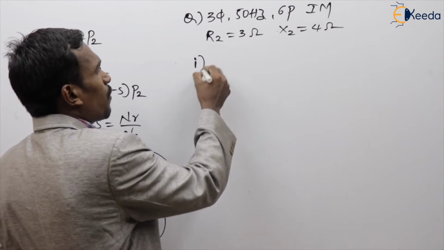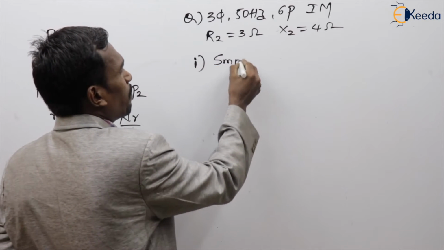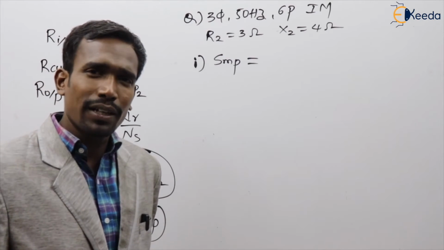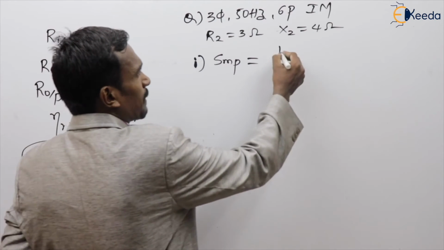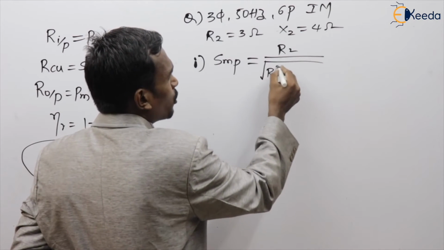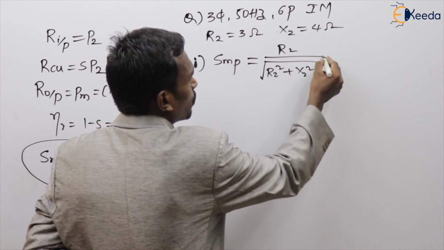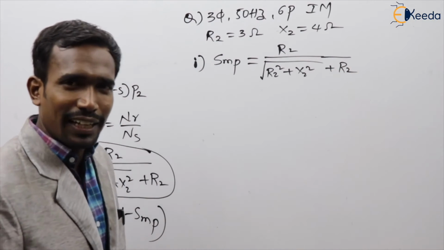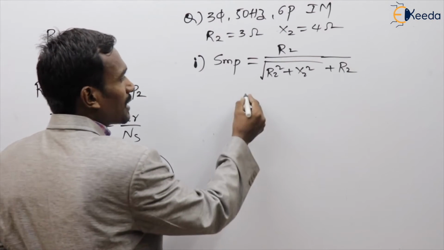Then first, find out the slip at maximum power. The slip at maximum power is equal to R2 by square root of R2 square plus X2 square plus R2. This is the formula you already know.